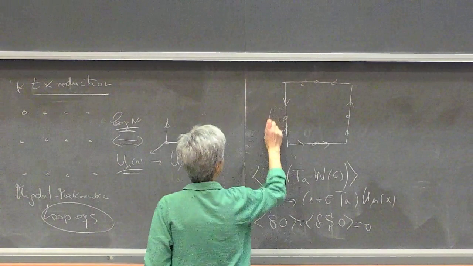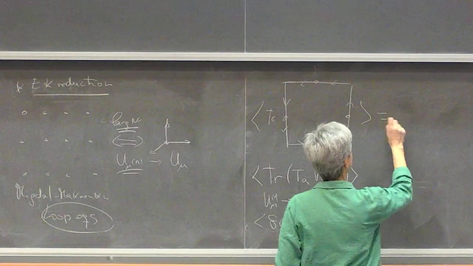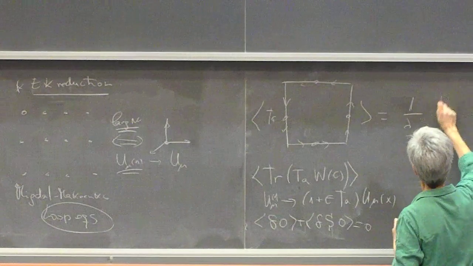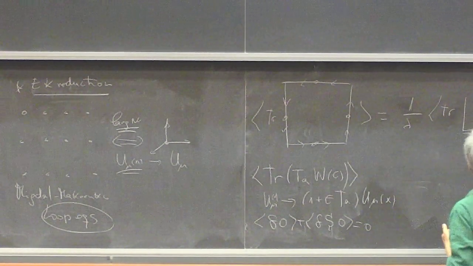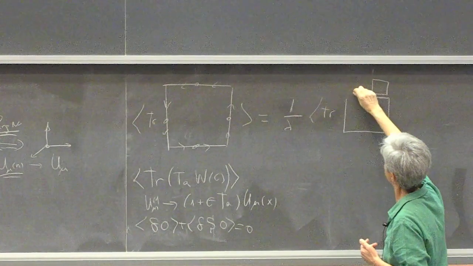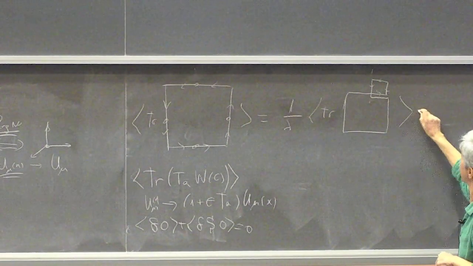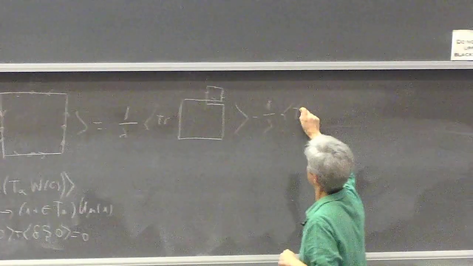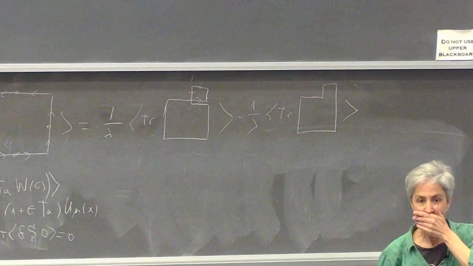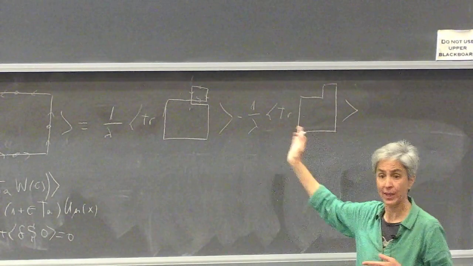You have a term that is the expectation value of the original loop, and then you have corrections that go like this: a trace of the loop where I insert a plaquette, which comes from the action. And there is another term where I have this, right? So I'm writing an equation for the loops.